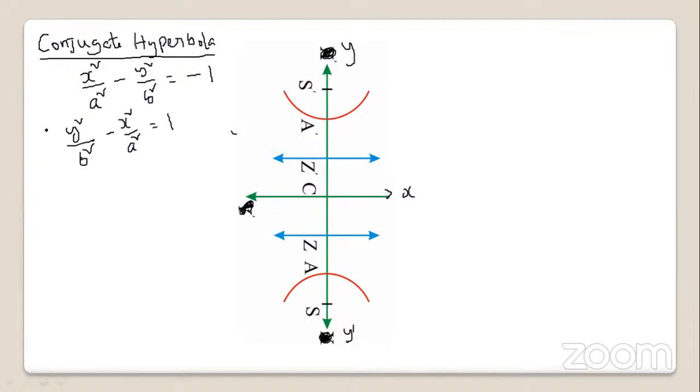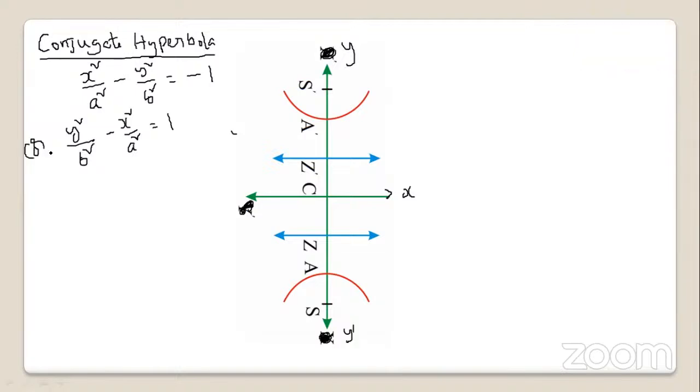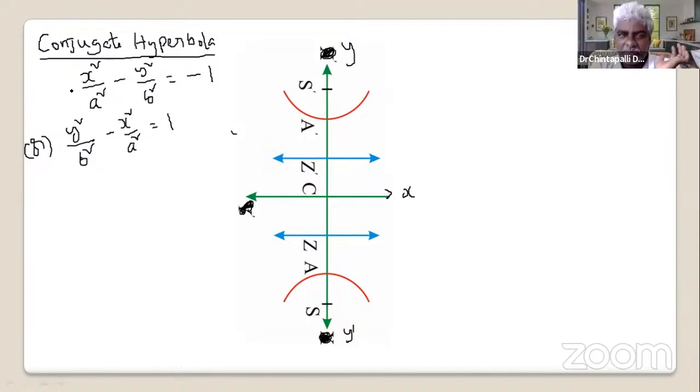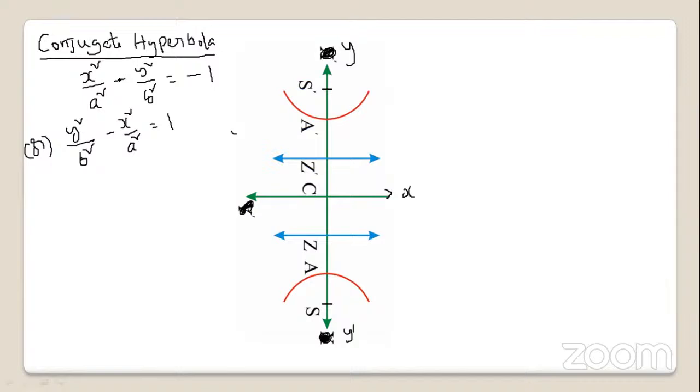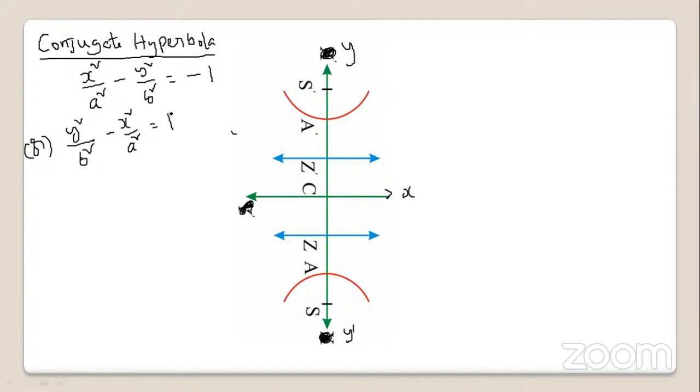How does the second equation come? Just by multiplying the first equation by a negative. Minus of minus y square by b square is plus y square by b square, and negative of negative 1 is positive 1.